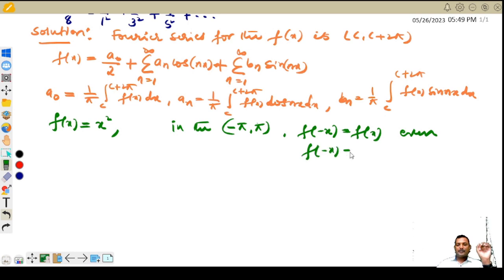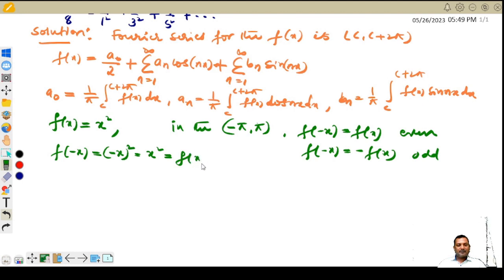Further, if x is replaced by minus x, you get minus of f of x, we say that it is an odd function. Now here look at, replace x by minus x: this is minus x whole square, and minus x whole square is x square, which is the same as f of x. So f of minus x is equal to f of x, which means this is an even function.